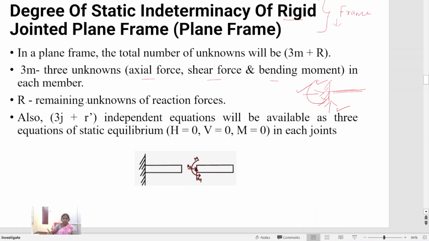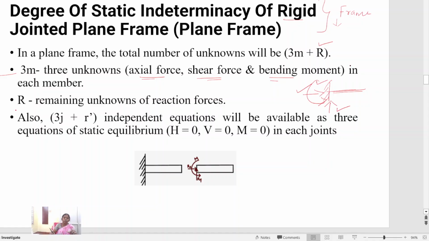And r is the number of unknown reaction forces at the support condition. Here, if you consider any one section, the axial force, shear force, and bending moment act upon this point. In addition to that, the support reactions should be taken into account. That's why 3m plus r.